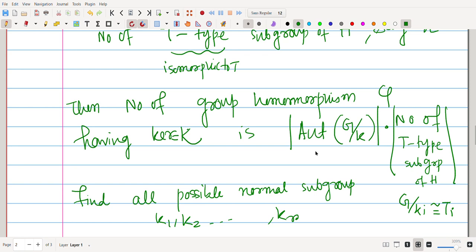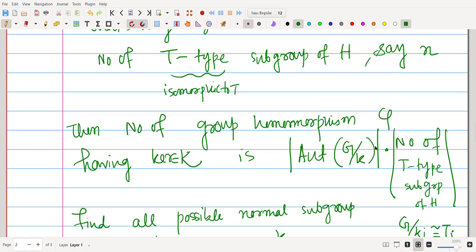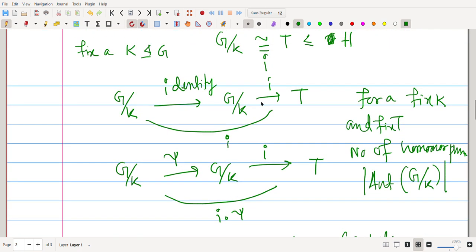And also we first fix a subgroup K, which is normal already. So that is a possible choice of kernel in our case, right? And for each automorphism of this G mod K, we will have a different homomorphism. Here is already an isomorphism. If we compose it with a different automorphism, this gives a different isomorphism, right? Now we don't know what the exact isomorphism is. We are taking all possibilities.